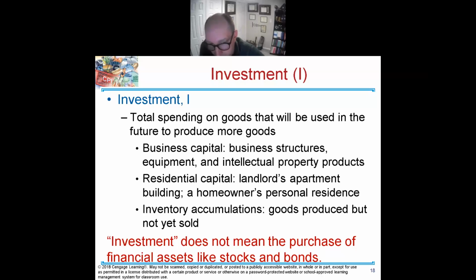That's why companies do that. That's called expansion. The company expands by purchasing additional property, plant, and equipment to produce more goods. They're investing in the company. Very straightforward.